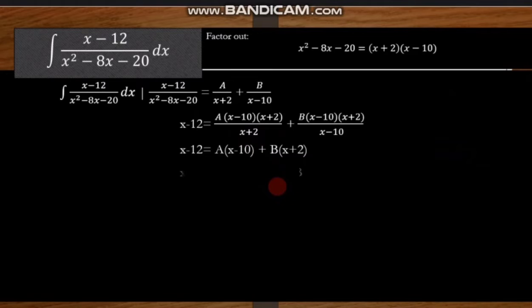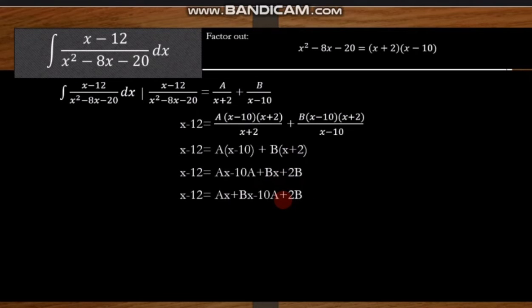Then we just have to distribute A. So we have Ax minus 10A. Same with this expression, we have plus Bx plus 2B.